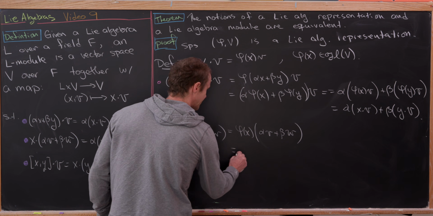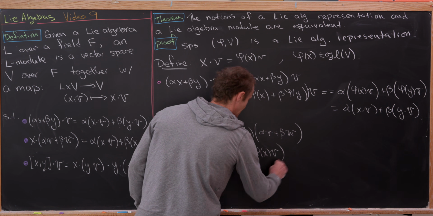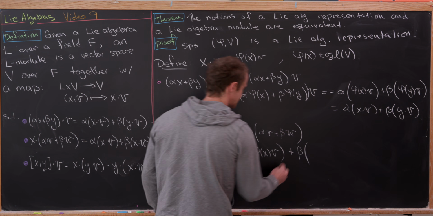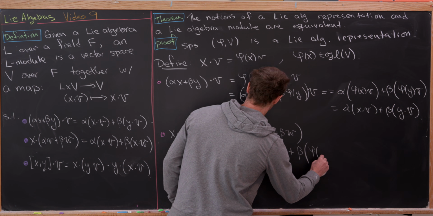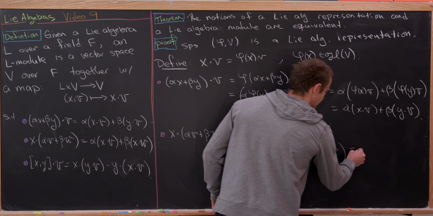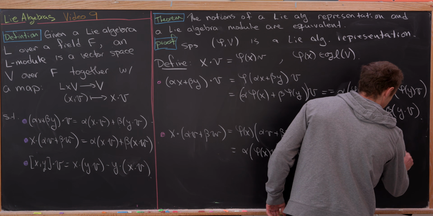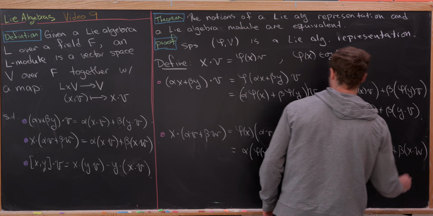So this quickly turns into alpha of phi of x applied to v plus beta scalar multiplied into phi of x applied to w. But then this is equal to alpha of x dot v plus beta of x dot w.